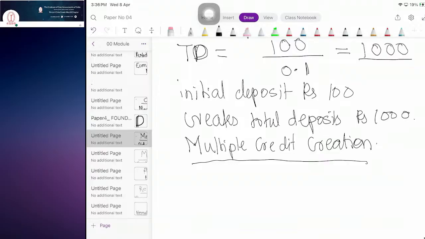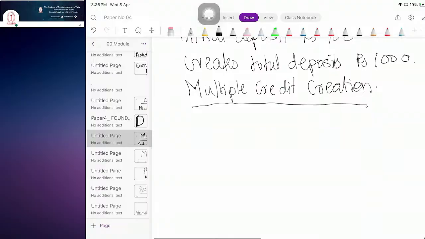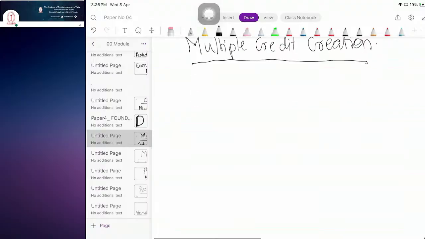Now do one important thing. Let us quickly write down some of the important financial institutions that you all should know. Quickly check if you are able to write what these organizations stand for.